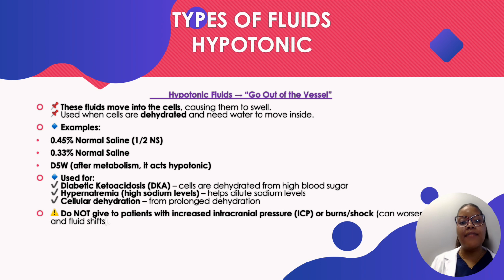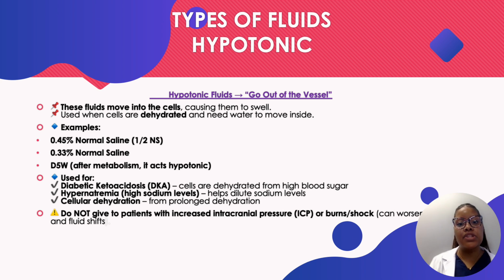And when you have cellular dehydration, we can use a hypotonic solution, which causes fluid to go inside the cells. The important thing to know is do not give it to patients with increased intracranial pressure, burns, or shock, because this can lead to worsening when the fluid starts to shift.